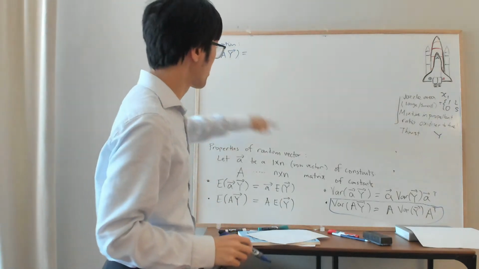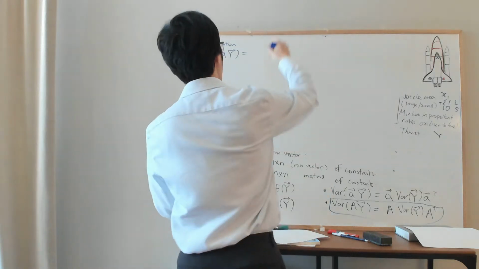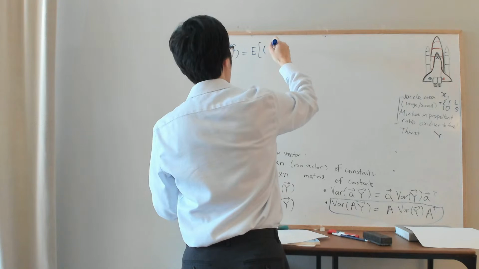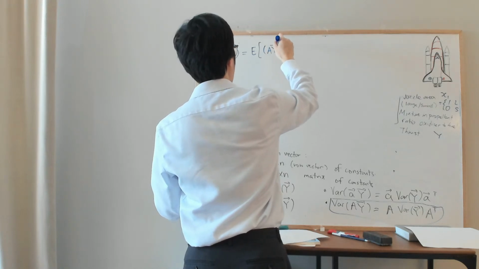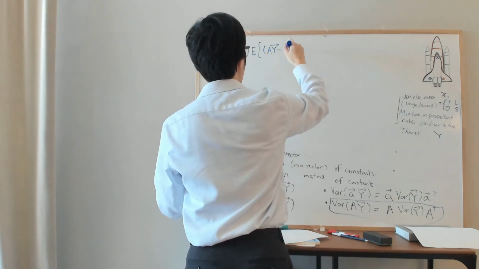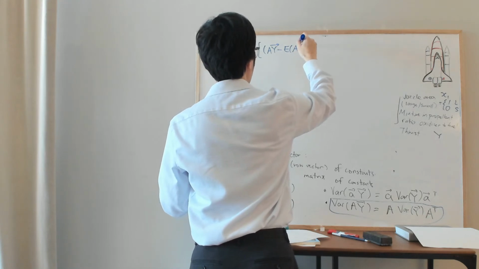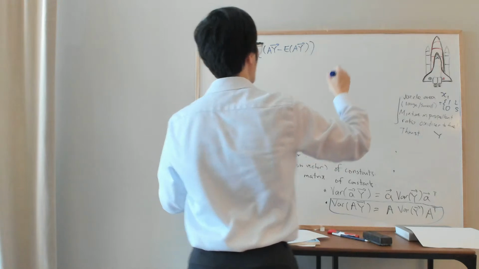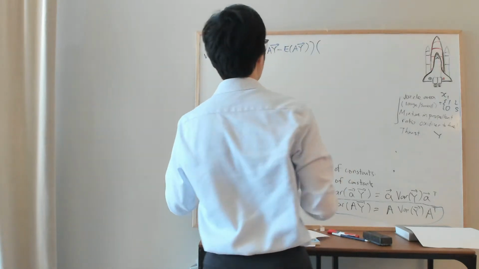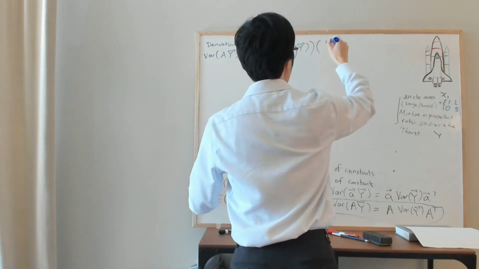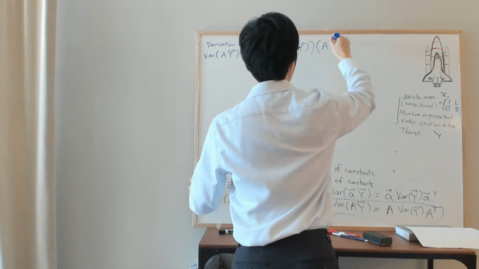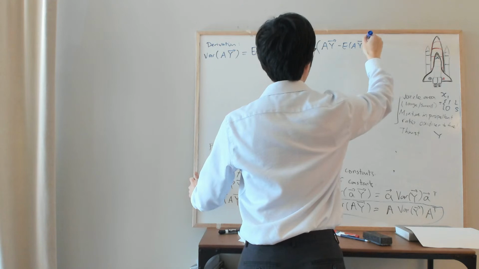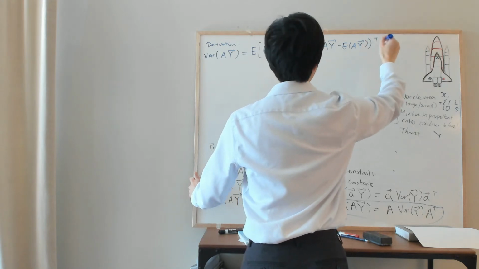According to the definition of variance, we need to take AY minus the expectation of AY, and multiply that with the transpose of that, so AY minus the expectation of AY, transpose.